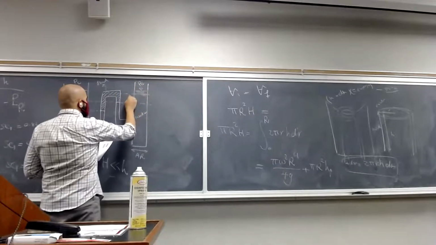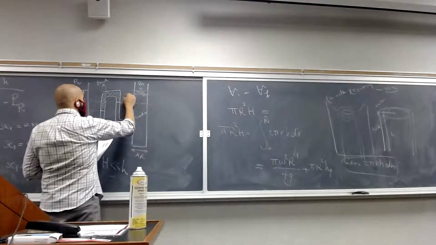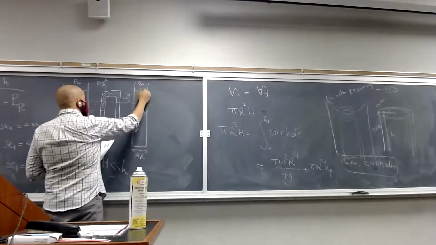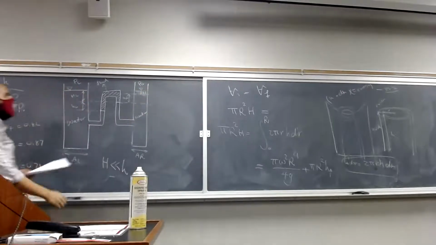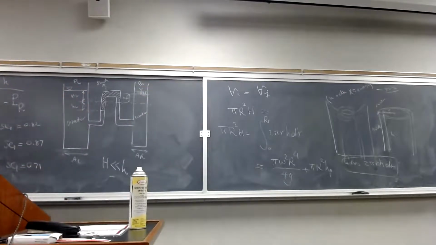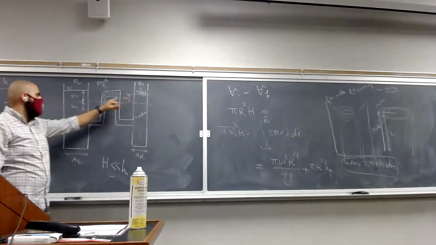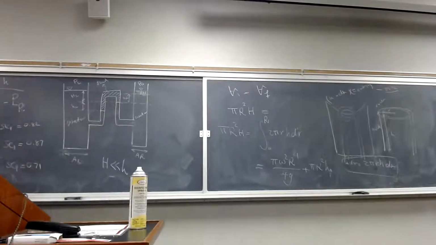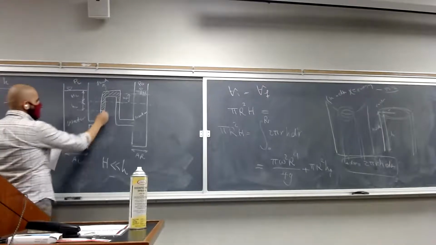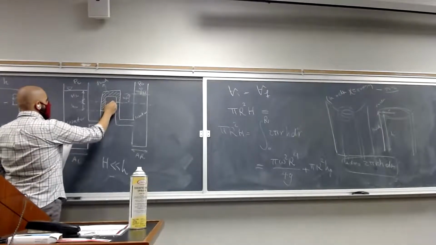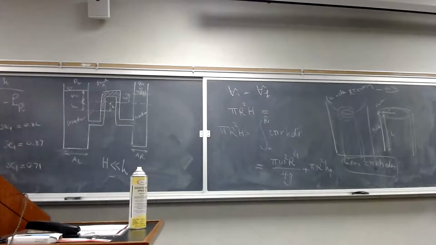This is h of R. This is capital H of R. So these capital H's are much smaller than these small h's. And this height difference is also called just h. So which of these three is going to give us the highest sensitivity?